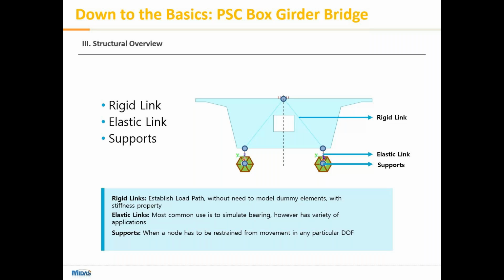Lastly, we have support. Support basically denotes the restraining degrees of freedom or the restraining movement of a particular node. So basically, as we are not going to model the substructure here, that is the reason why we will not be modeling the entire substructure, and hence we'll be directly using the supports in this case as fixed type of support.